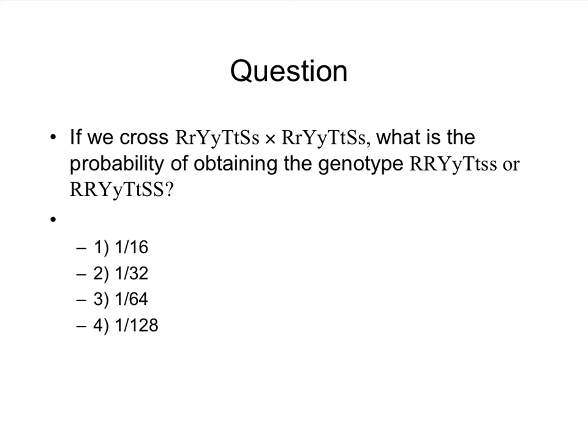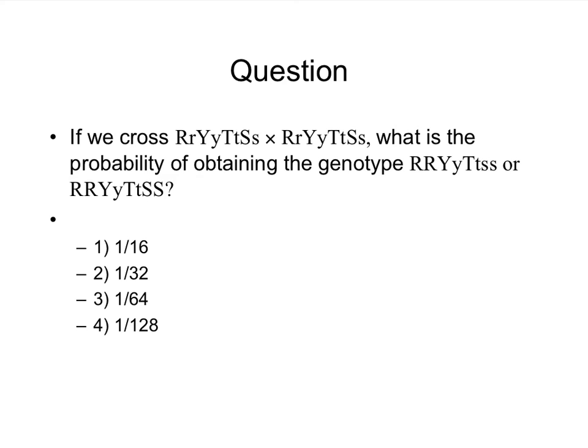Now, if we're going to do this cross, let's look at what we have before we look at what we need to get. So you see that they're each heterozygous for each of the 1, 2, 3, 4 genes, or all 4 alleles are heterozygous. All 4 genes are heterozygous. And here, what's the probability of obtaining one homozygote dominant, one homozygous recessive, and the other 2 heterozygous?